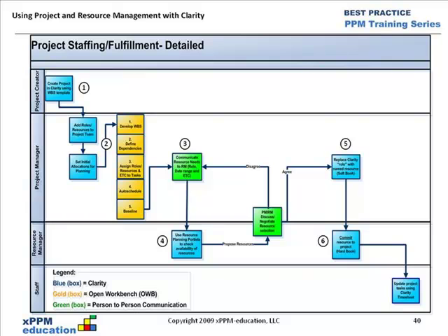So once we have it baselined, then we go to item 3, and we're now ready to communicate with the resource manager. However, before we do that, and as part of that green number 3 box, we really need to take the work that was profiled in the scheduling through the ETC profiles, and we need to translate that back into the allocations.